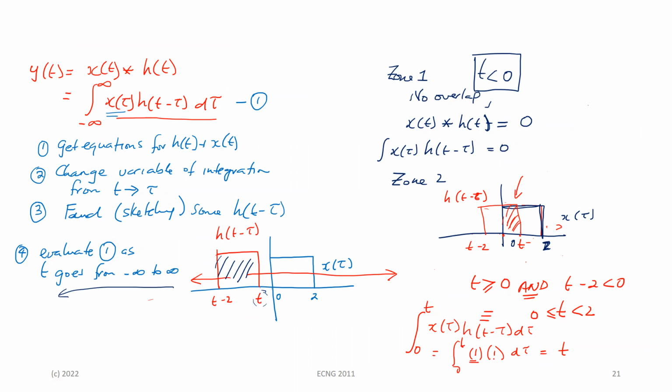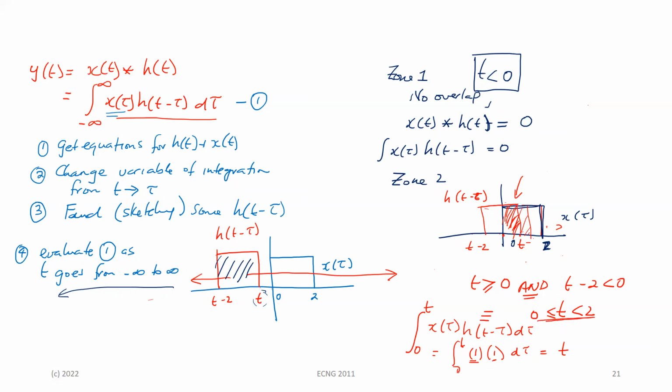h of t minus tau, which is this bit here, is 1. The zone of overlap, as t is moving, is a function of t, so as t moves, this zone of overlap gets bigger and bigger. And the limit of the overlap is between 0 and 2.